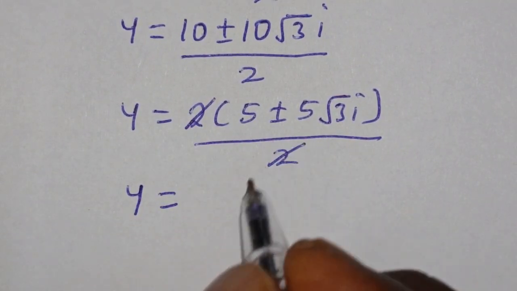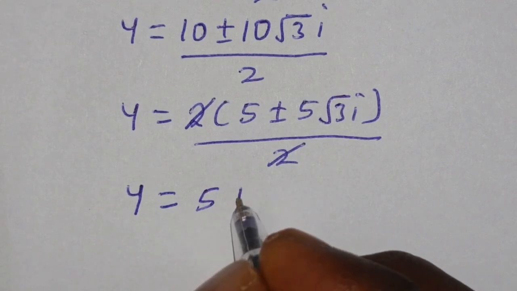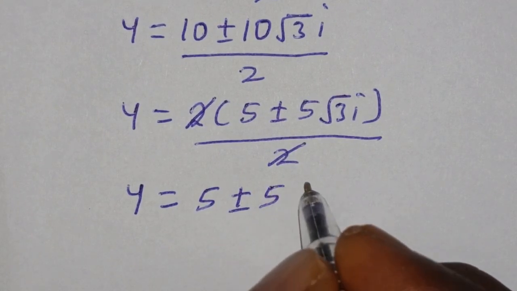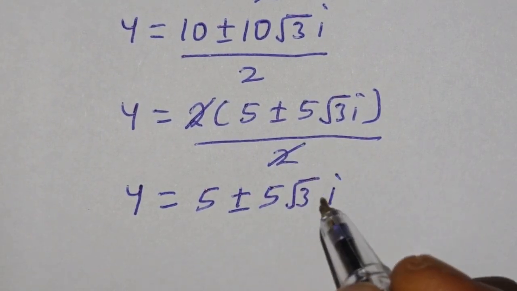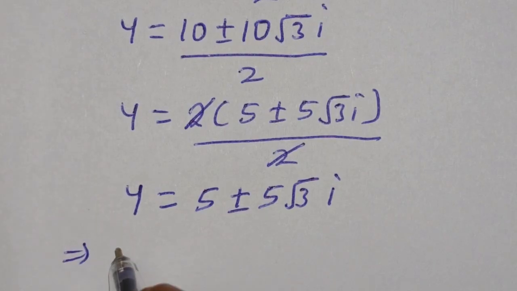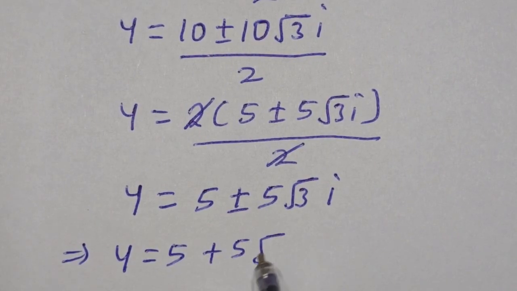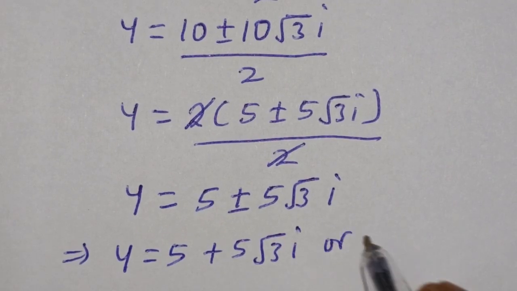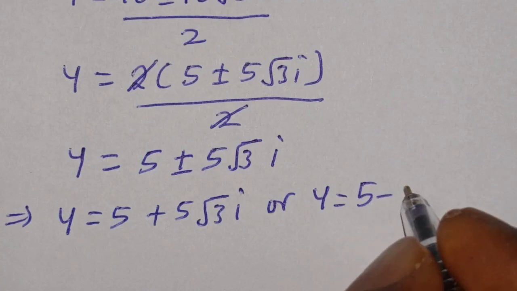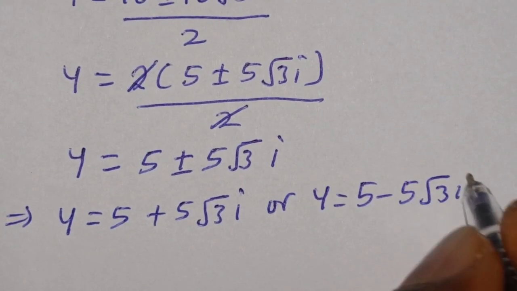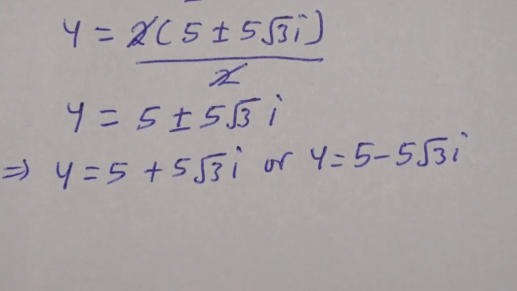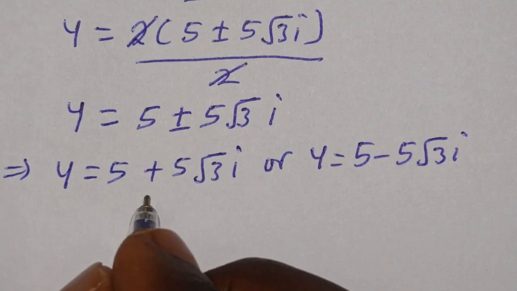We are left with 5 plus or minus 5 root 3i. This implies that y is equal to 5 plus 5 root 3i, or y equal to 5 minus 5 root 3i. You will see that we have two values for y.